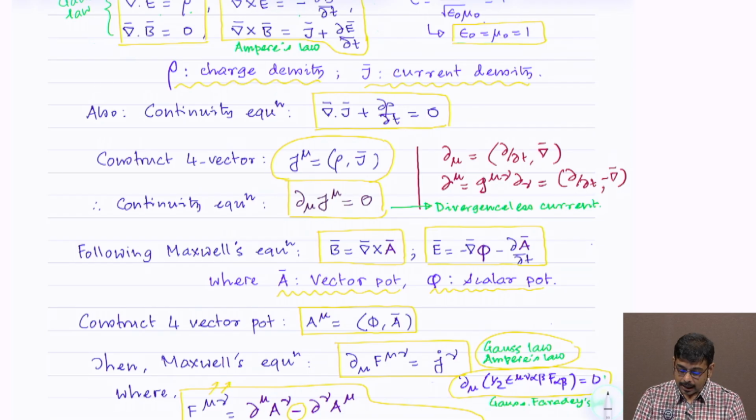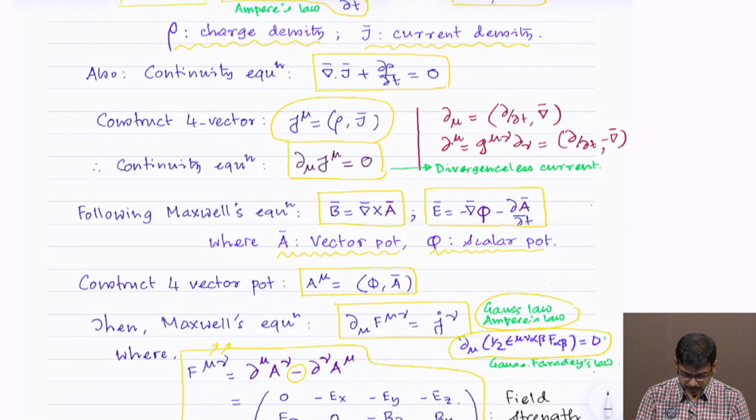And interestingly, with this field A mu that we actually could define, we could define a field strength tensor which is like F mu nu defined as del mu A nu minus del nu A mu.